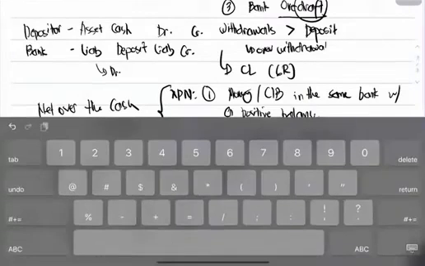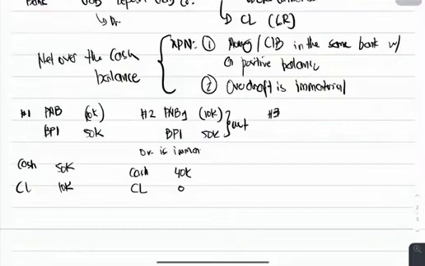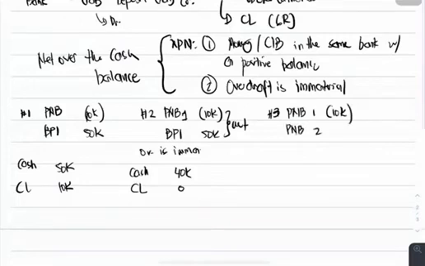Sorry. Number 3. So we have here PNB 1, negative 10,000, PNB 2, 40,000, BPI 50,000. Okay, so cash and current liability.